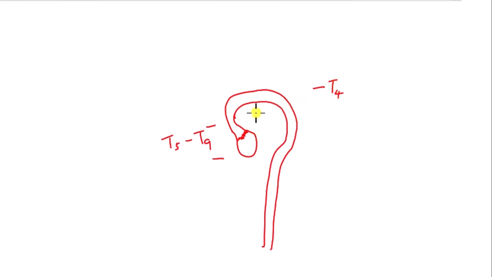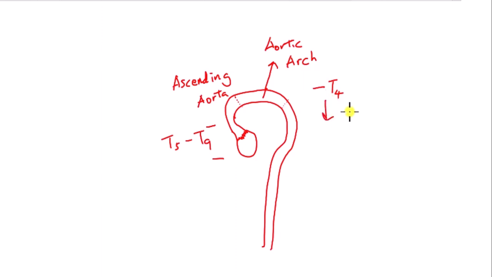The aorta is divided into the ascending aorta, and then the aortic arch. And after around the level of T4, as it moves down from T4, starts the descending aorta.